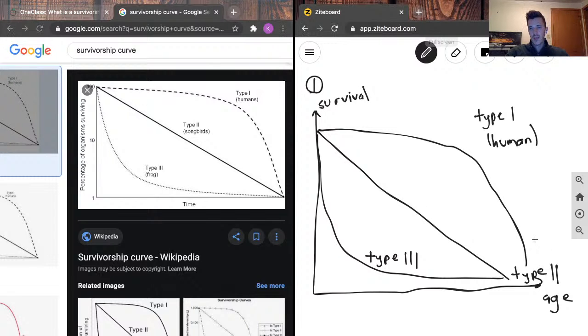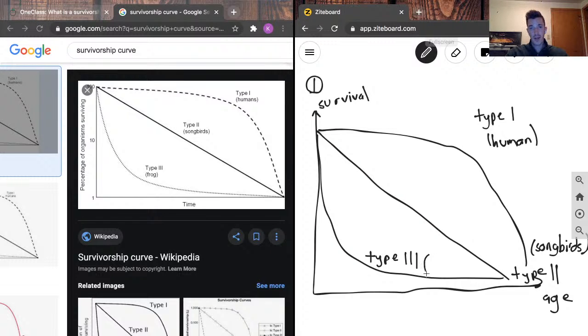So type 2 is songbirds, apparently. I don't know much about the biology of songbirds, forgive me, but apparently, as songbirds age, the same amount of them die young, as do in the middle of their life, as do old. It is a proportional decrease in survival as they age.